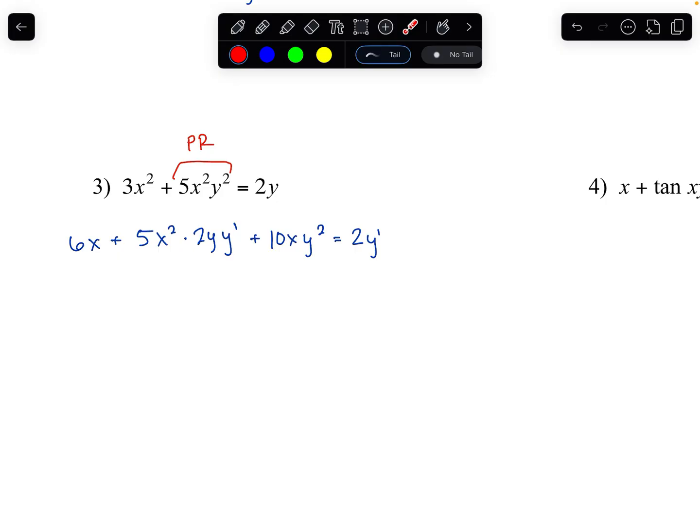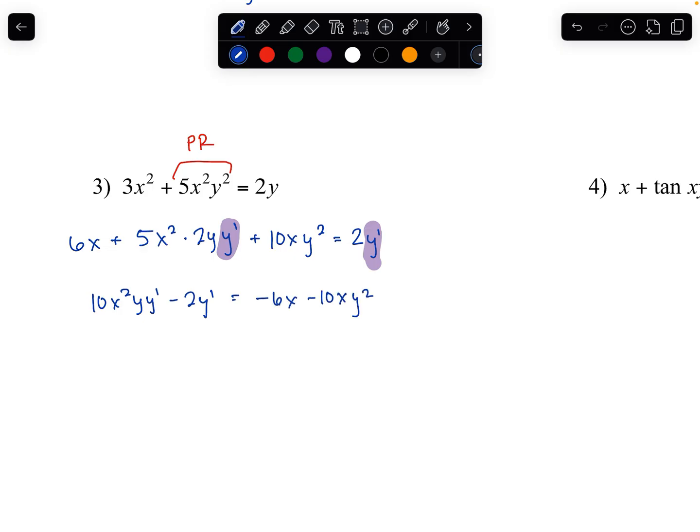All right, now things that have y prime in them. So we have this y prime, we got this y prime. So that's going to be 10x squared y prime minus 2y prime when I move this over here, equal to negative 6x minus 10x y squared.